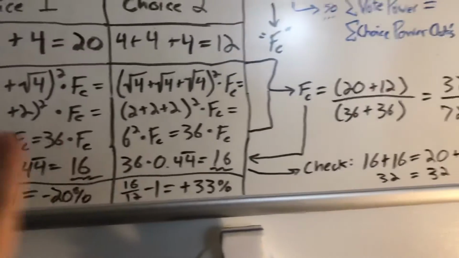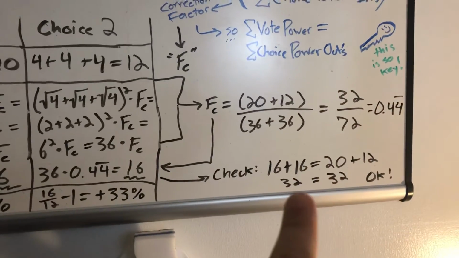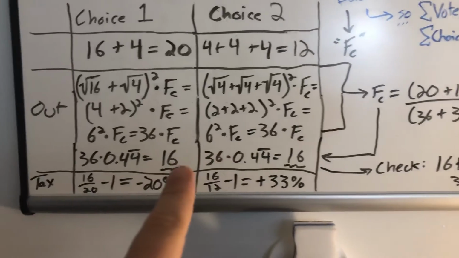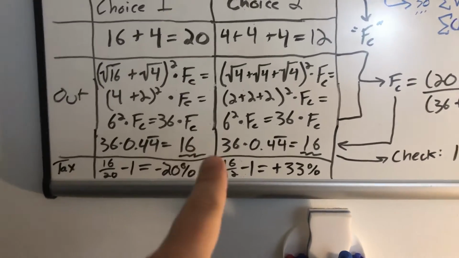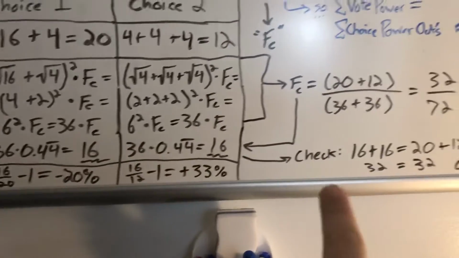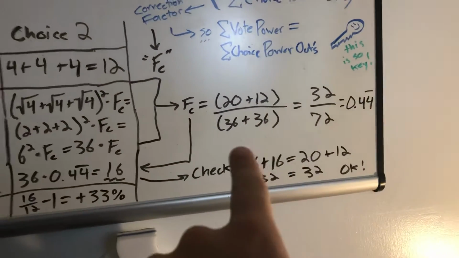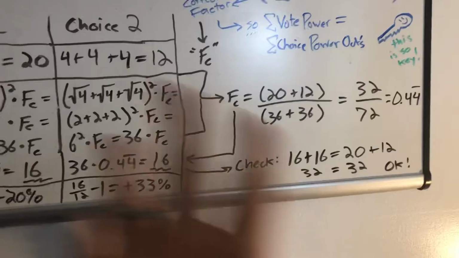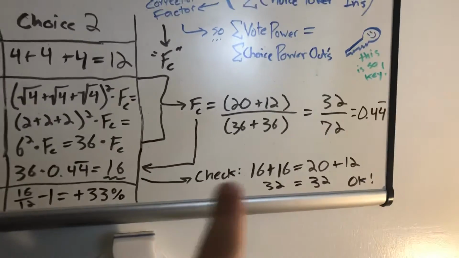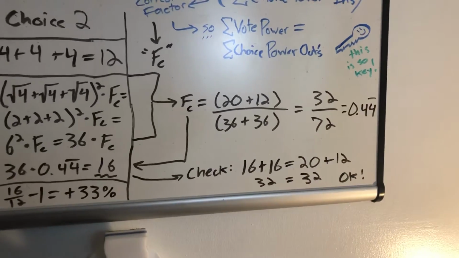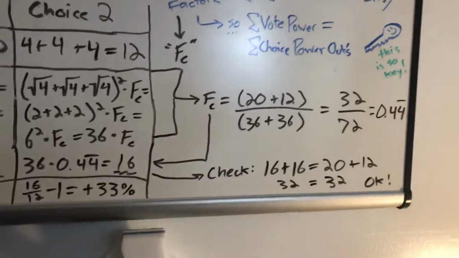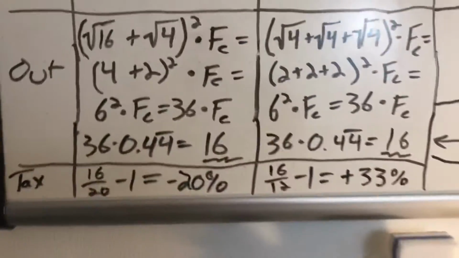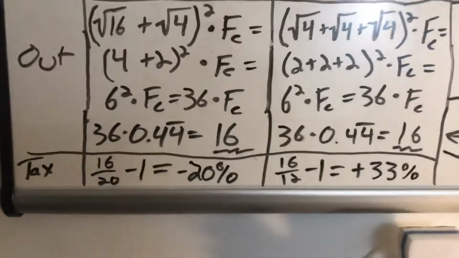And one of the things you can do to make sure that you're correct in your output voting power is add up the output voting powers and check it against the inputs. So 16 plus 16 must equal 20 plus 12. Input must equal output. And that's the case, because 16 plus 16 is 32, and so is 20 plus 12. Checks out.